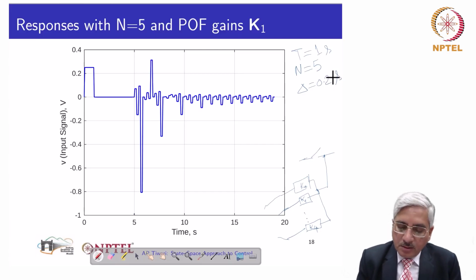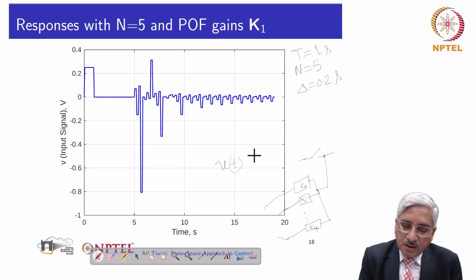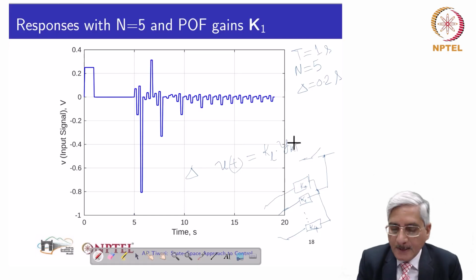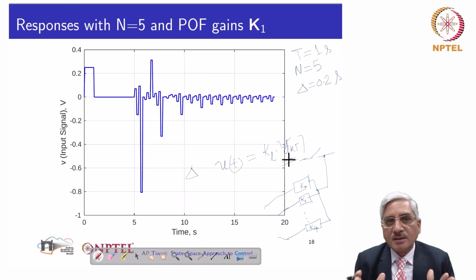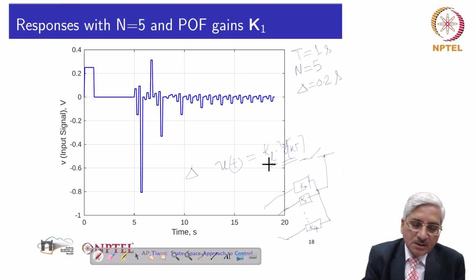Now, during one interval of length delta there is some kl times y(kT). So this is constant over the entire interval, and depending upon this value of kl, the control signal changes.